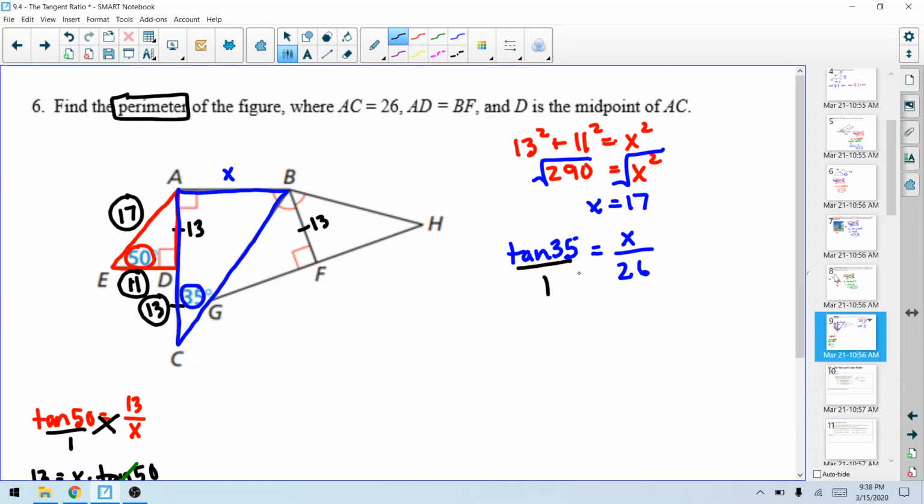Stick this over 1. X equals 26 times the tangent 35. Grab your calculator. 26 times tangent 35, control enter, 18.2, so 18.